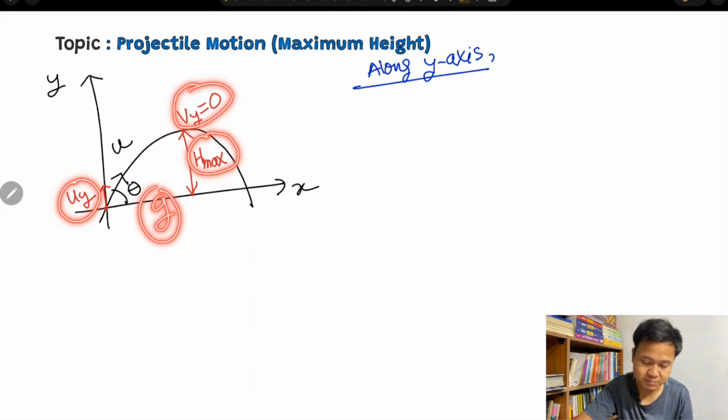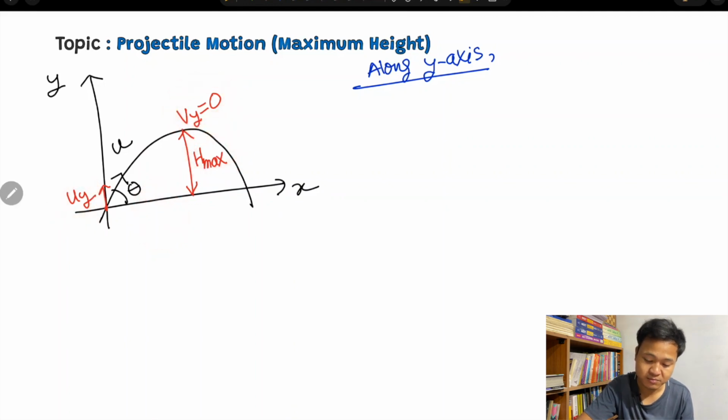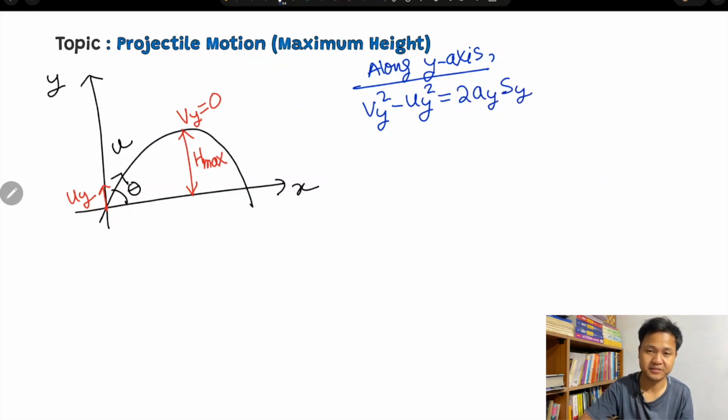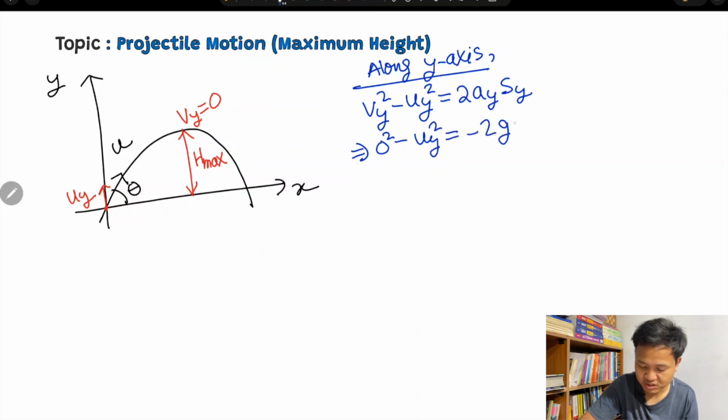You are asked to find displacement. Which formula do you apply? vy square minus uy square equals twice ay into sy. Here vy is 0, so 0 square minus uy square equals minus 2g into h max.